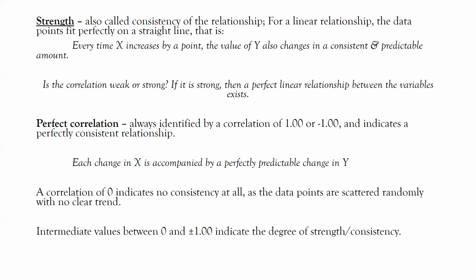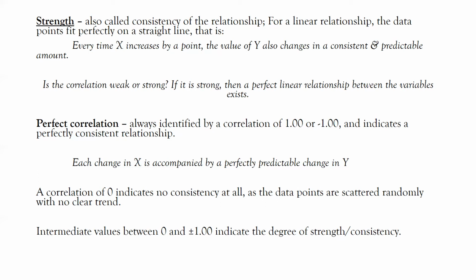And when we say strength, we are asking if the correlation is strong or weak. Because if it is strong, then a perfect or near perfect linear relationship between the variables exists. There's a super strong trend that you see in the data, like no contest, no debate.